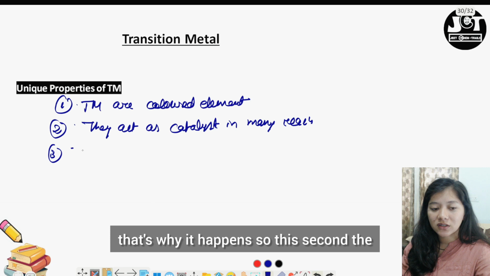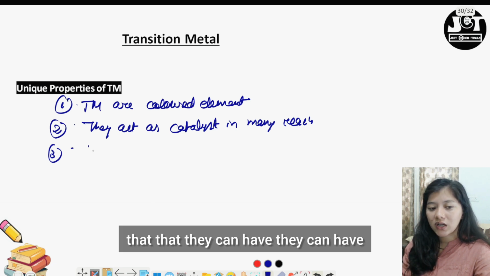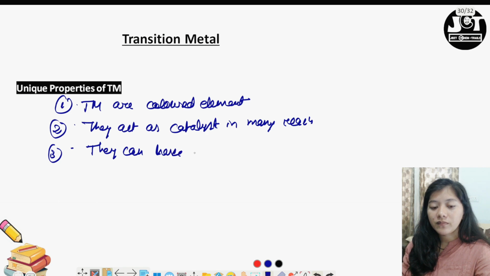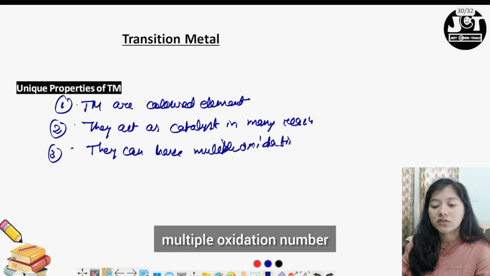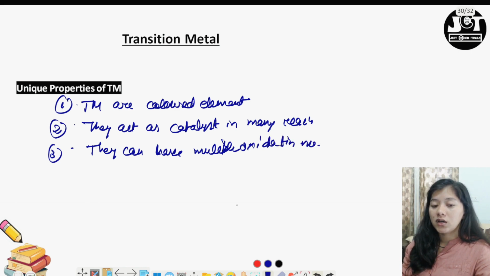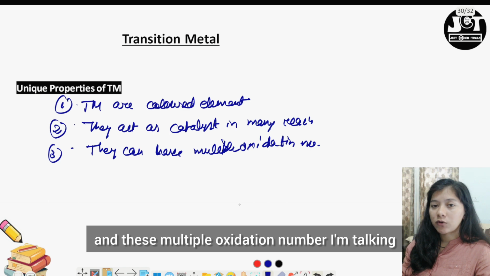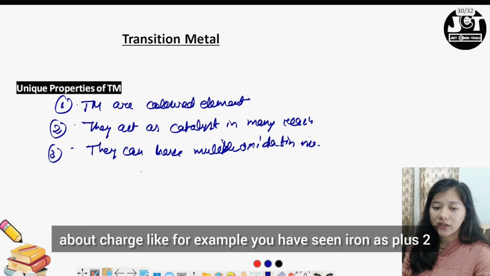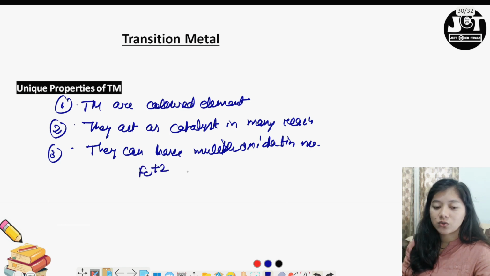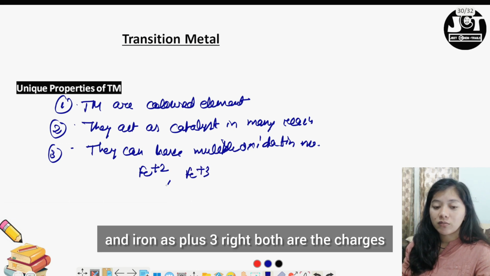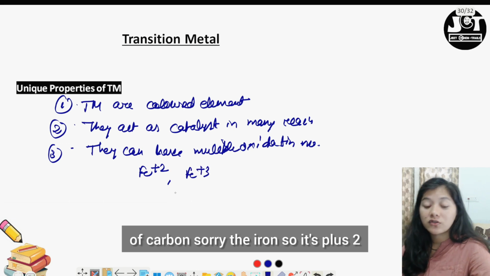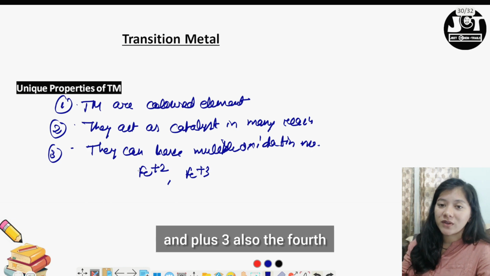So the third property is based on that: they can have multiple oxidation numbers, right? I'm talking about charge. For example, you have seen iron as plus 2 and iron as plus 3, right? Both are charges of the iron. So it's plus 2 and plus 3 also.